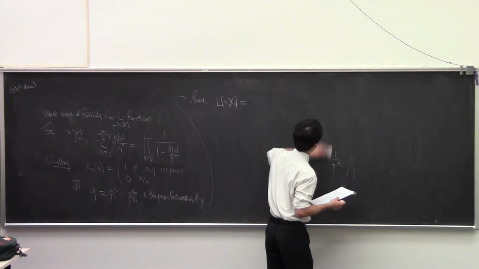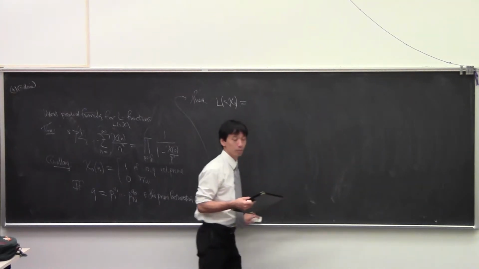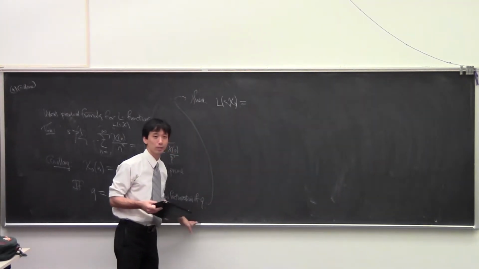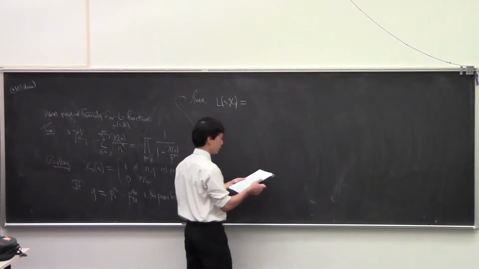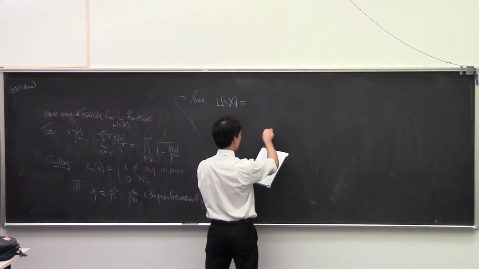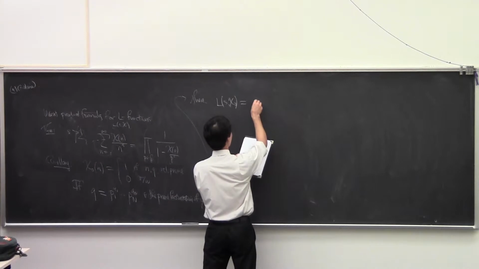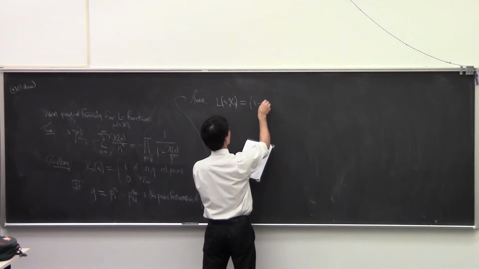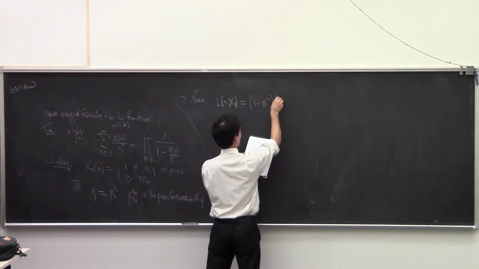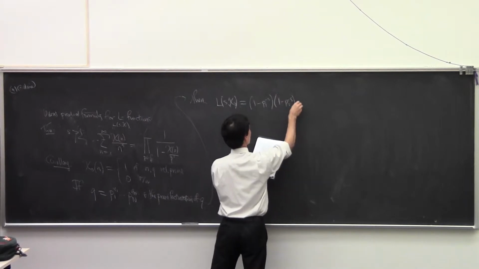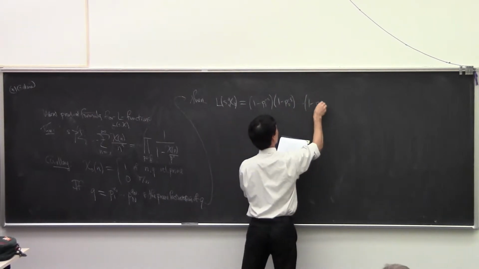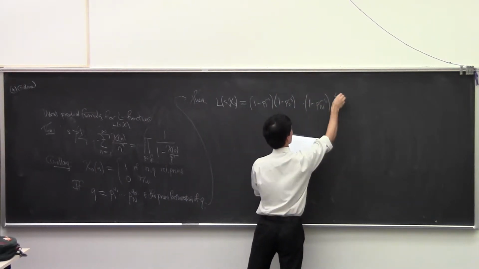So these L functions really are, in a very precise sense, generalizations of the Riemann zeta function. So this actually equals (1 minus p1 to the minus s), (1 minus p2 to the minus s), ..., (1 minus pn to the minus s), times the zeta function.